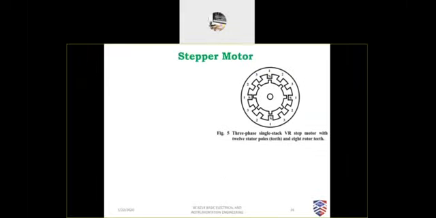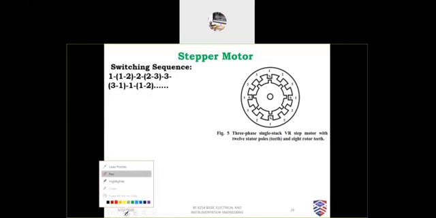Okay, now this is called a variable reluctance motor. Suppose you have a switching sequence. Suppose we say 1 is switched. I take this as a reference and tell you how this is moving.